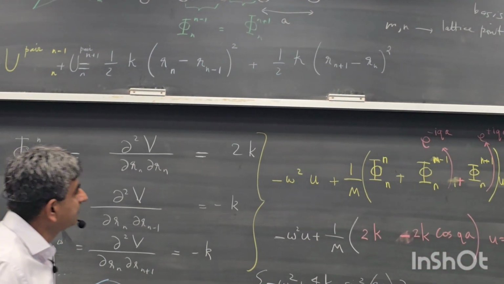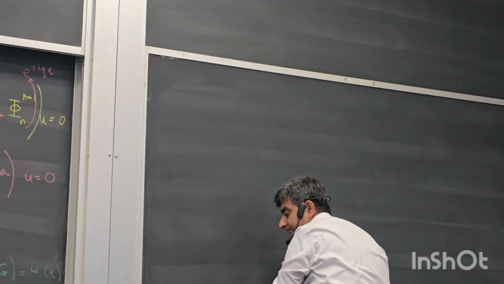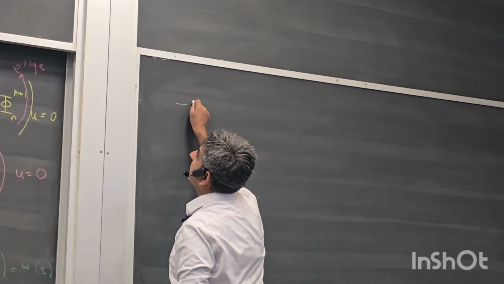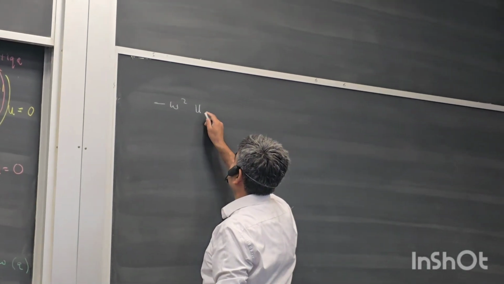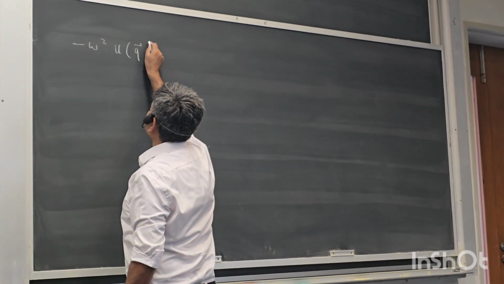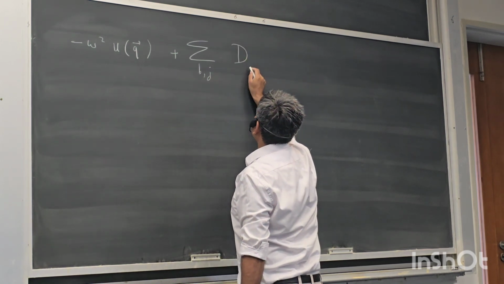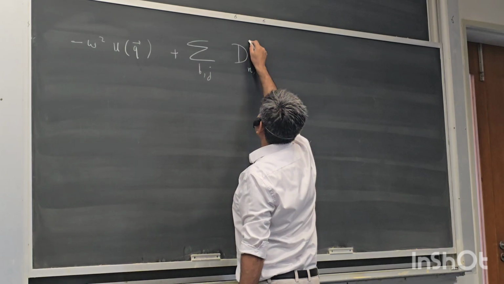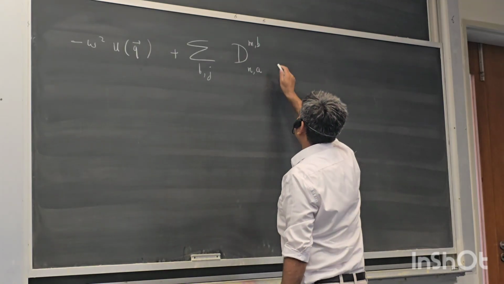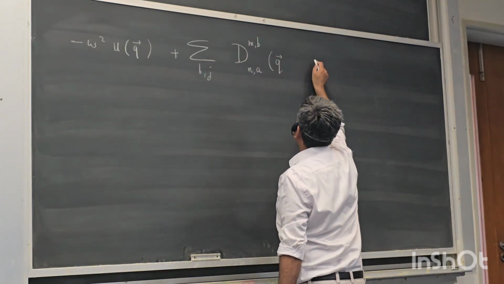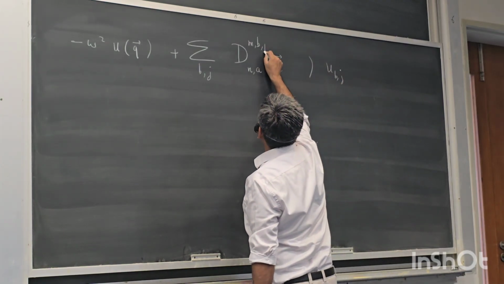Because if I put in that equation, if I were to put minus omega square u, now let's put back 3D notation, u q plus b j d n a m p q, and then I have u p j.